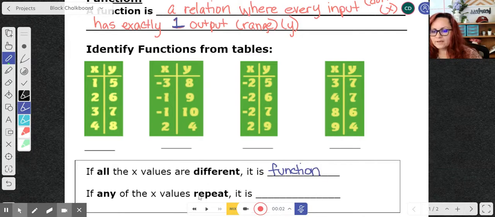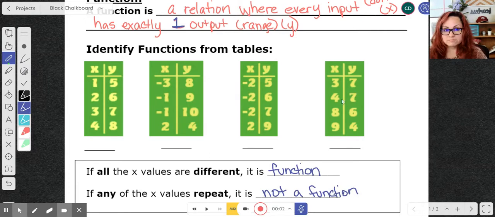If any of the X values repeat, it is not a function. So this is the key thing. You don't care about the Y's at all. All you're looking at are the X columns.